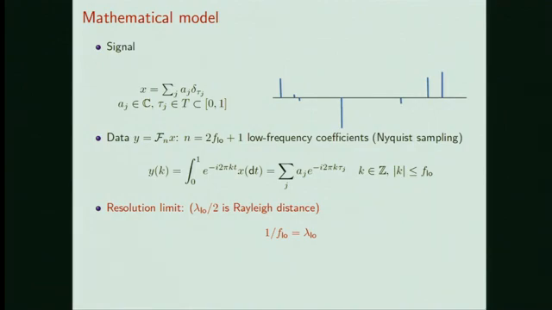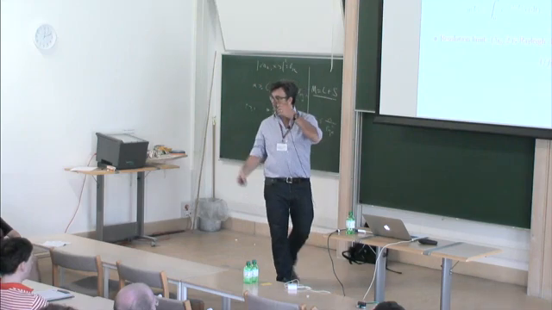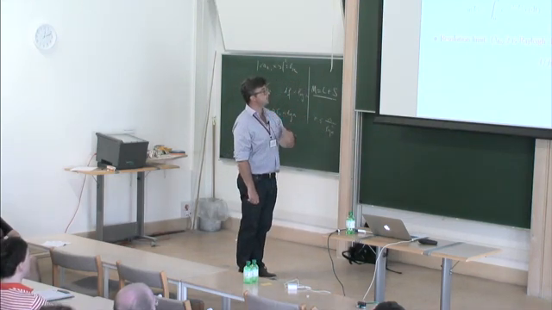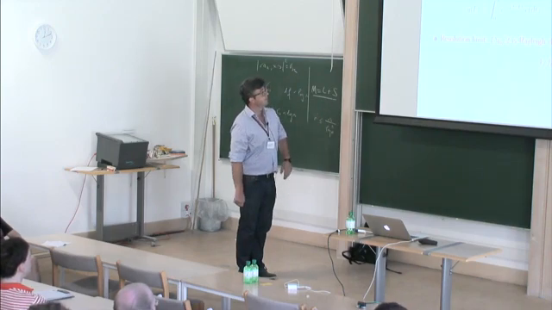And now we're going to model the information we have about this object, which is that I only have low frequency coefficients, and so here are my moments. Now they are trigonometric moments instead of perhaps the moments that this audience uses, but it's essentially the same thing.